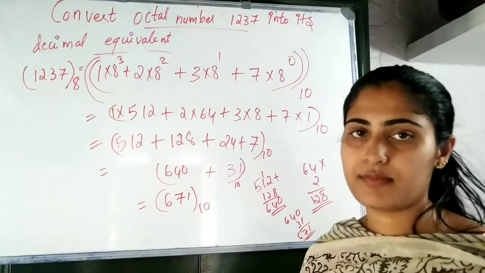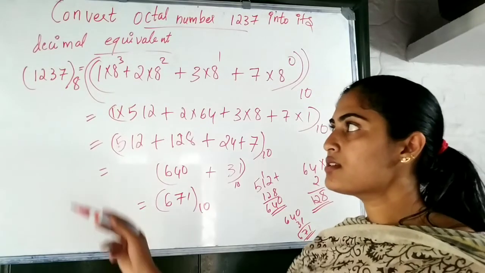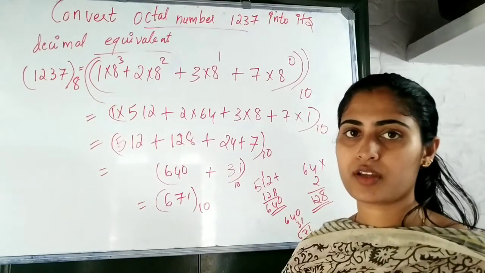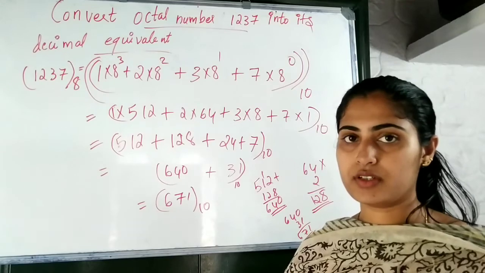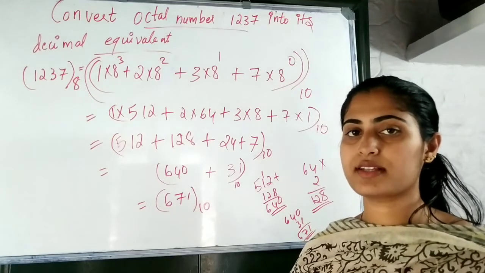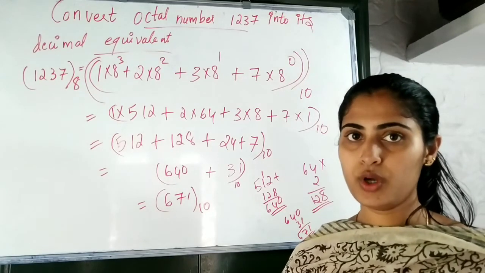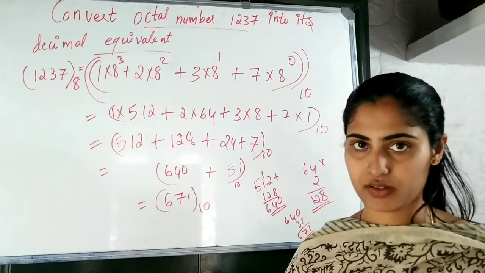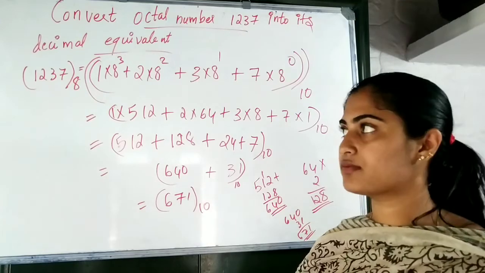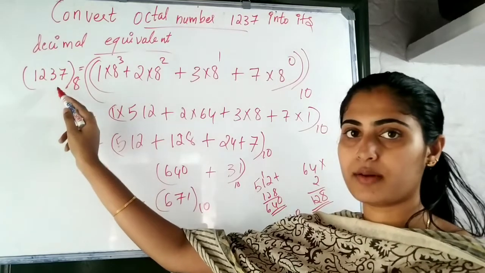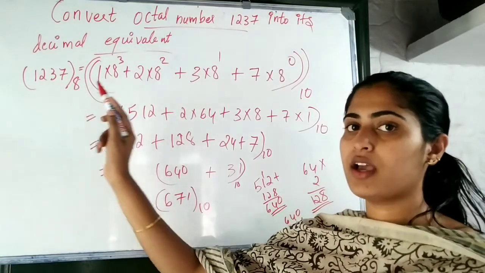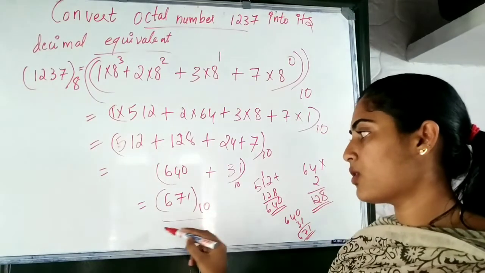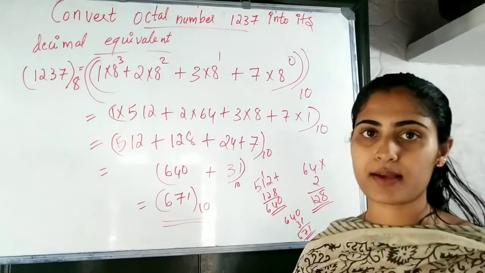That is the decimal form obtained by converting this octal number. So for converting an octal number into its decimal form, we multiply each digit by 8 raised to the power of that particular position, and the decimal form that we got is 671 subscript 10.